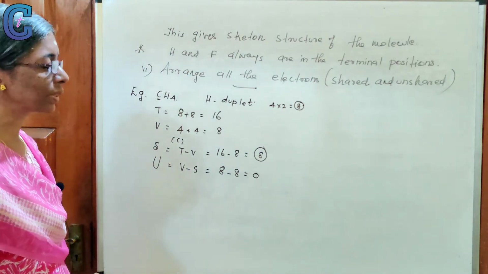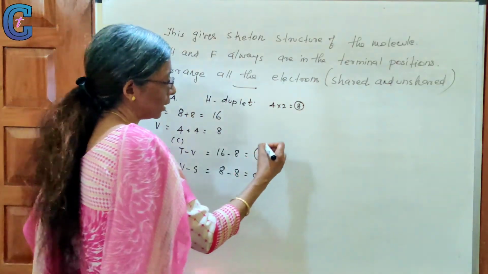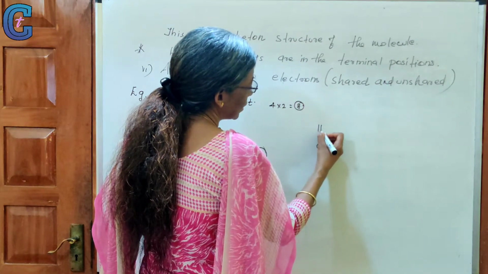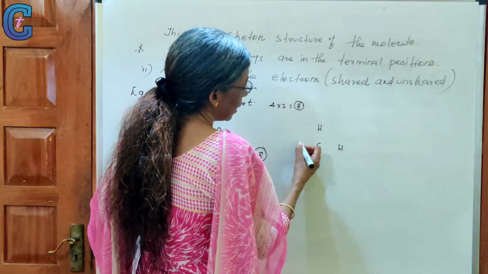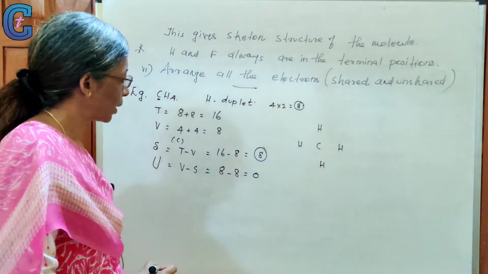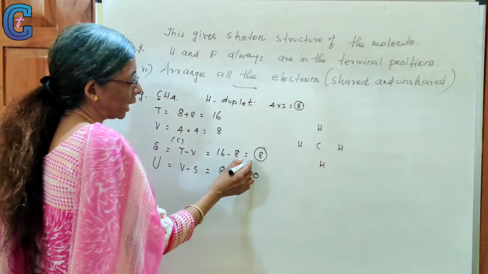Okay children, now we see how we give the Lewis structure. Carbon, hydrogen. Here how many shared electrons are there? 8 electrons.